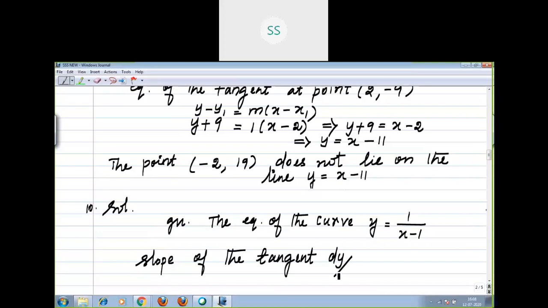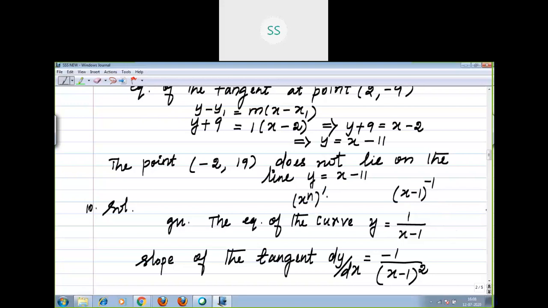That is dy by dx equal to minus 1 divided by x minus 1 the whole square. How did I write this? Yeah, very good. You shift x minus 1 to the numerator, so x minus 1 the whole power minus 1. Now we apply the derivative of x power n.